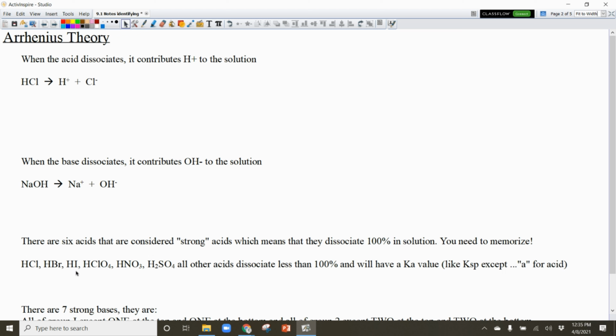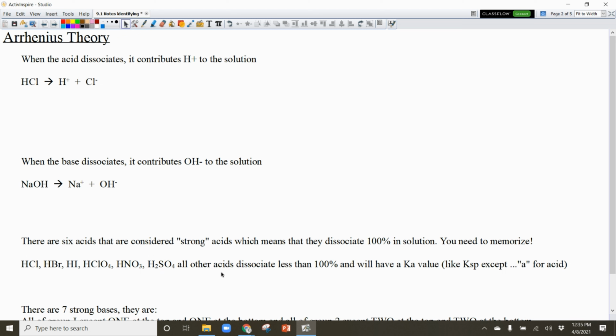Fluorine is not considered a strong acid, but the next 3 are chlorine, bromine, and iodine. Those are strong acids. And then the polyatomic ones are HClO4, HNO3, and H2SO4. So these are the 6 strong acids that dissociate 100%.